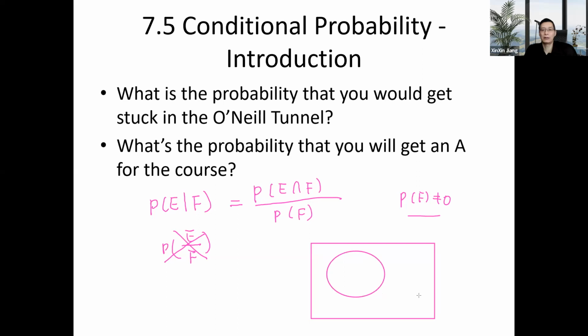Let me explain a little bit using the Venn diagram. All right, so this is E, this is F. So E given F: what does given F mean? It means I know F happens.